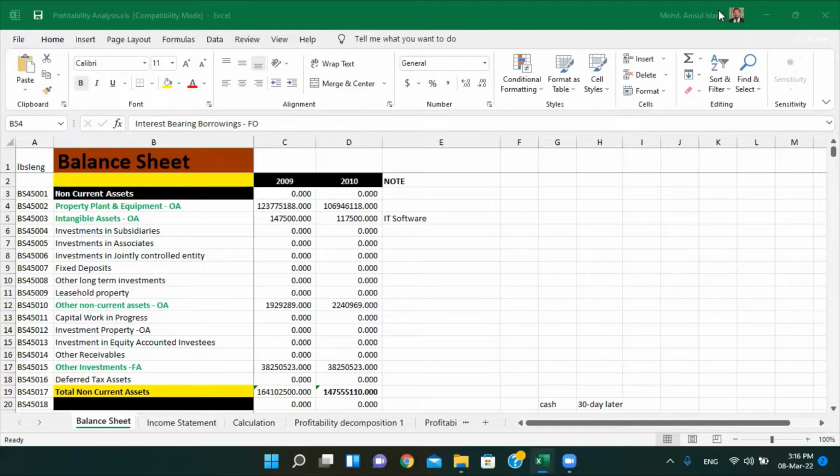But apart from exploring the sources of profitability through the DuPont analysis, 3-factor or 5-factor, it is also possible that we can make a more detailed analysis of profitability with the help of reformulated financial statements.